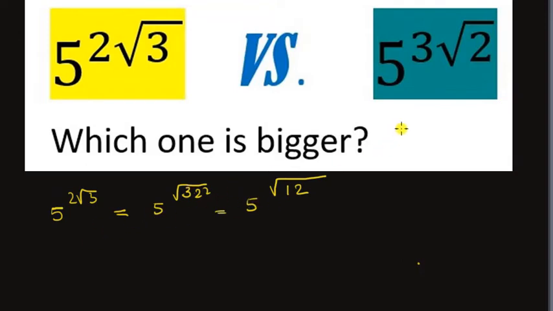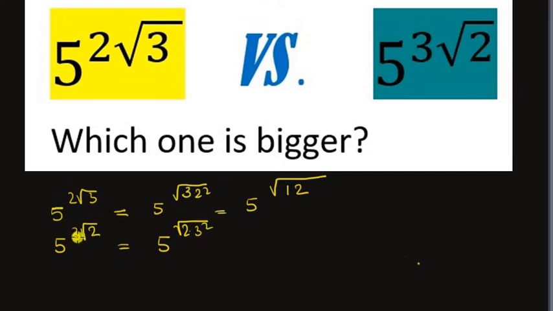Okay, so for the second number here we have 5 to the 3 square root of 2 power. So it's going to be 5 to the square root of 2 times 3 squared, right?